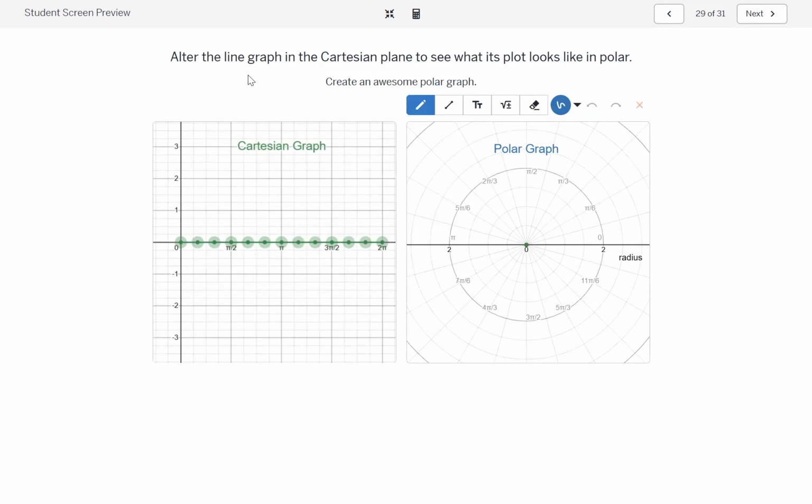All right, now this one is a fun slide to play with. So my Cartesian graph, this is if I had XY points. And I can move these points up or down. And it's going to create different shapes on the polar.